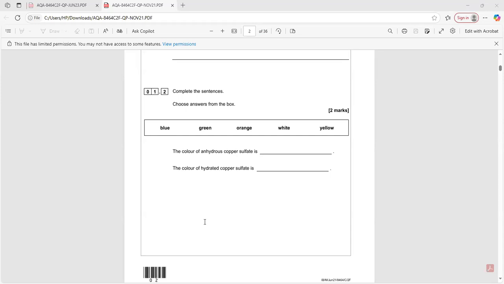White. Okay, so that's for anhydrous copper sulfate. Then when water gets into it, what happens? It turns what? Blue.